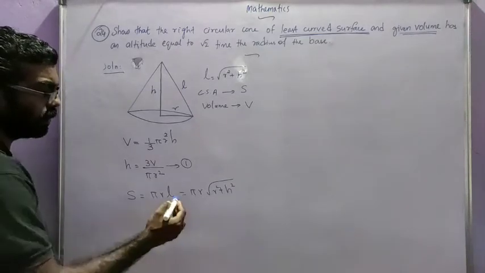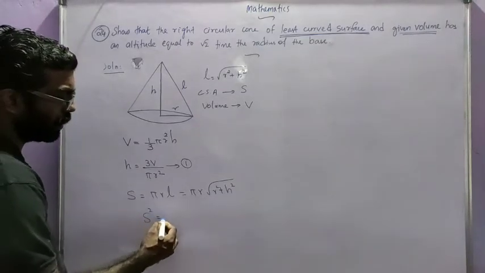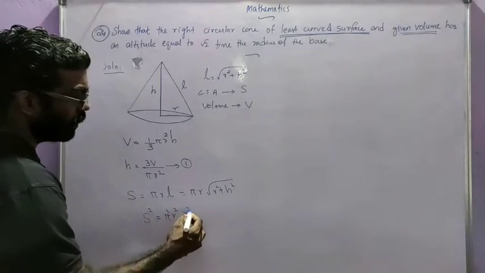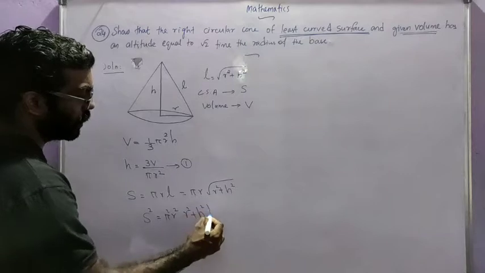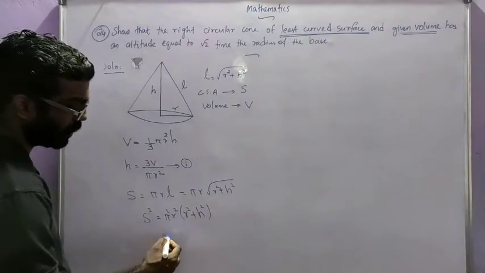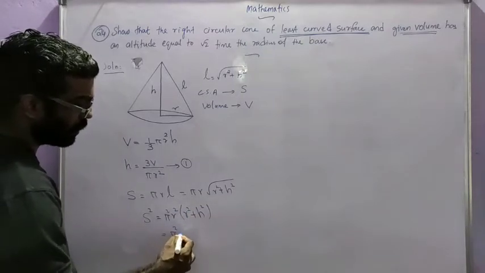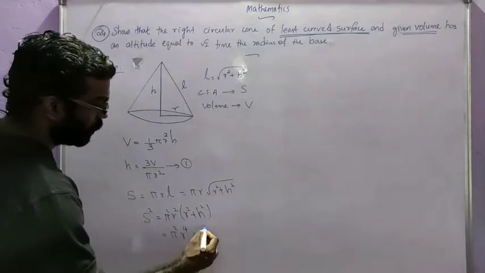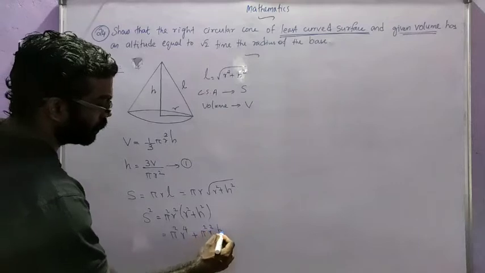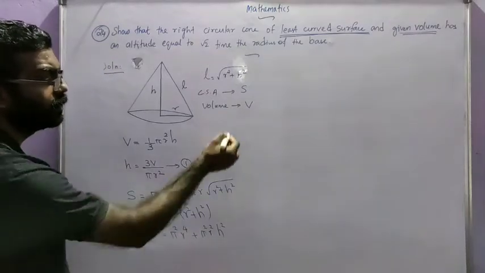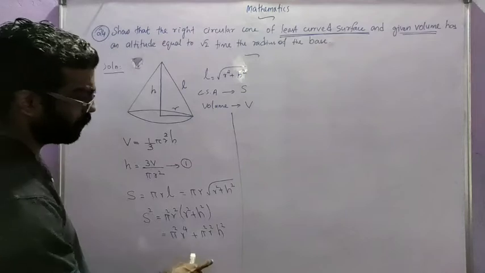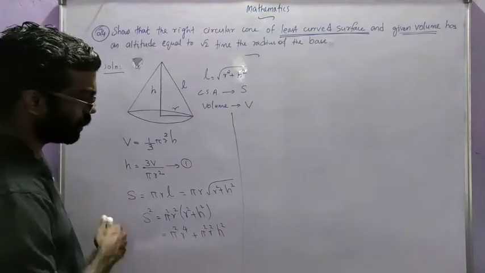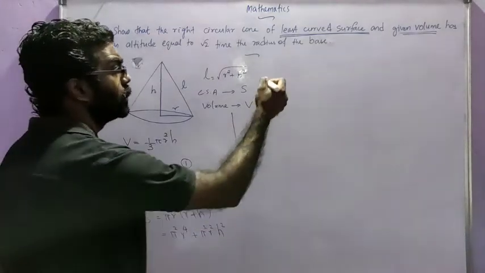Now we can square on both sides. S square equal to pi square r square into r square plus h square. We can multiply: pi square r raised to 4, plus pi square r square h square. Now we can put the value of h. h is 3v by pi r square.